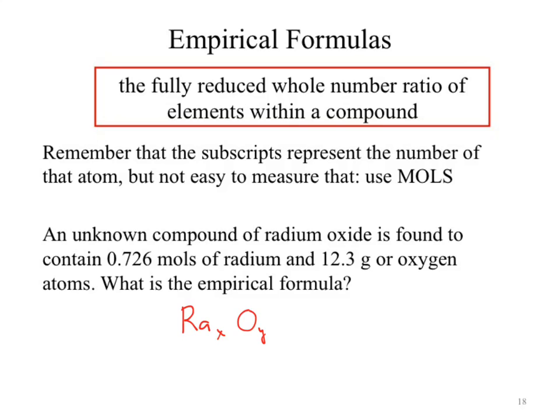If I do this unknown compound, and I find that it contains 0.726 moles of radium and 12.3 grams of oxygen, I could now change my formula to Ra, where I have 0.726 moles, and O has some unknown number of moles within it.